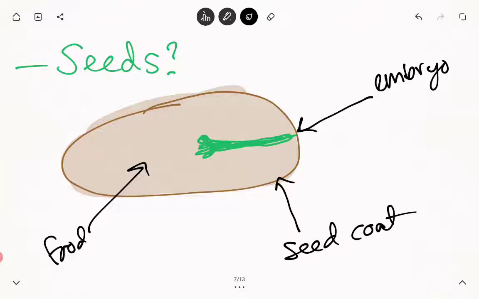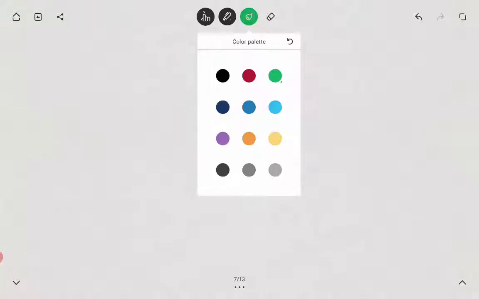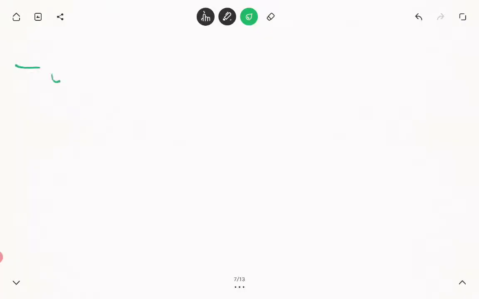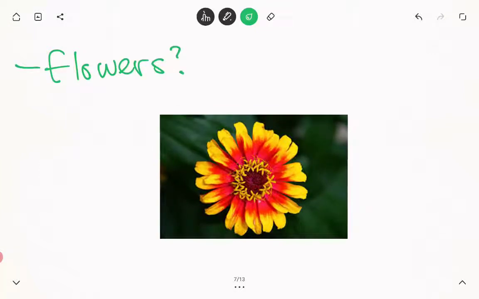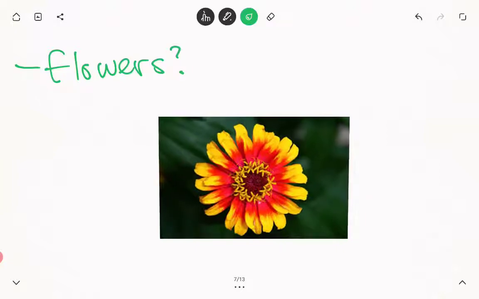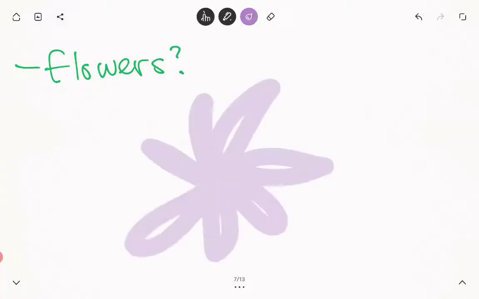Our third question that we ask is, does it produce flowers? Flowers are specialized reproductive structures, right? So flowers are there to help attract in pollinators, and they aid in making reproduction more efficient, right? So flowers are used for reproduction.